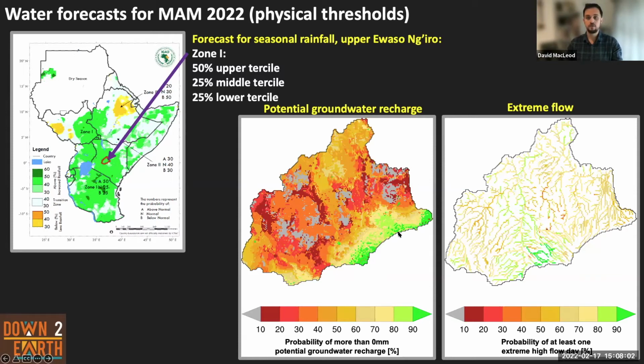And now we have a huge variation in probabilities, ranging from above 90% in the southeast, where some recharge is almost guaranteed, to these red colors showing below 20% and even below 10% in the gray for most of the region. Even though the chance of above normal is 50%, there's very little chance of experiencing any recharge in those regions.